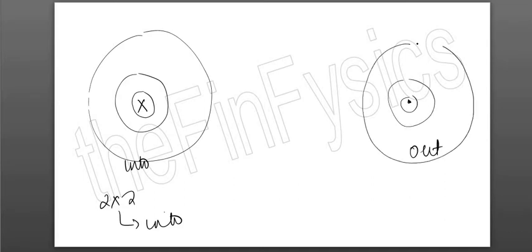You're going to use a rounder or else they'll deduct marks. Crosses into, so clockwise. How do you get this? Use your right hand, thumb into the paper, curl your fingers, they curl in the clockwise direction. Obviously this is going to be anti-clockwise or counterclockwise. Very important, the distance will increase.